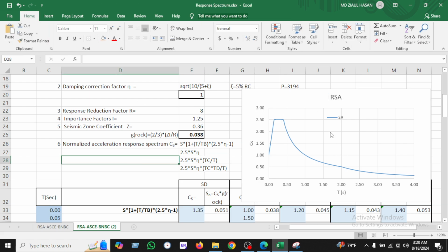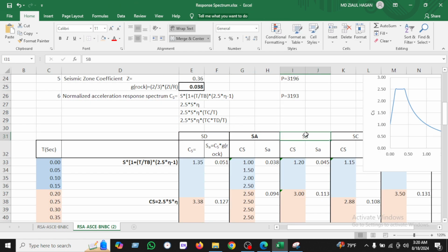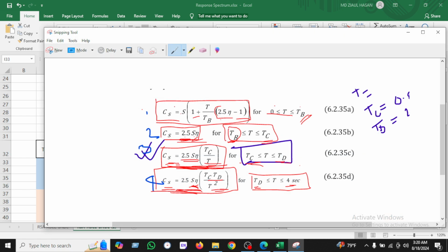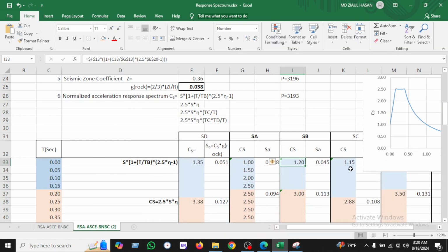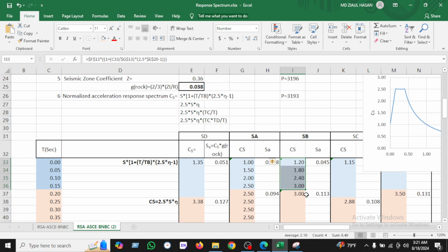Okay, in the same way I have put all the values for Sb. For Sb we will use formulas 1, 2, 3, 4 again. Again I am formatting this value and just dragging to find Cs.